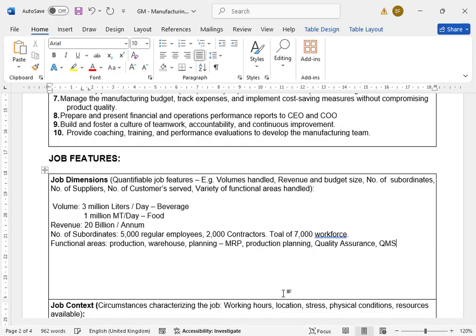I will add QMS. QMS is the quality management system, the one handling the quality manuals, making quality manuals, and being custodian of the SOPs, the standard operating procedures, and ISO standards.